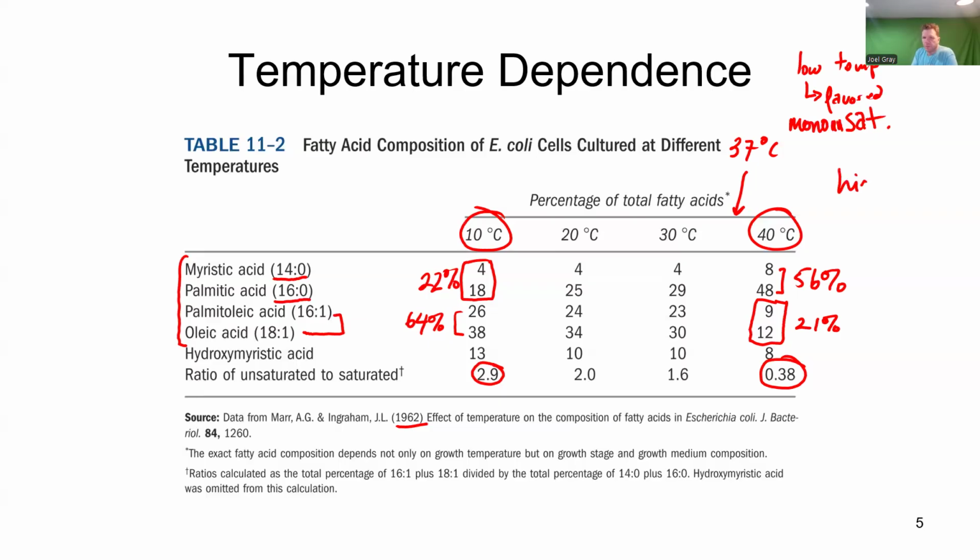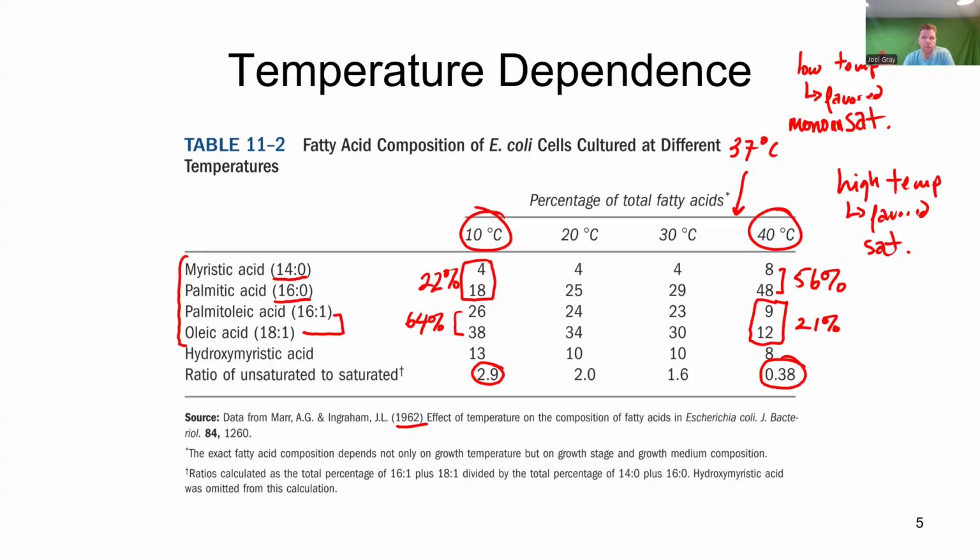High temperatures, by comparison, favored saturated fatty acids.